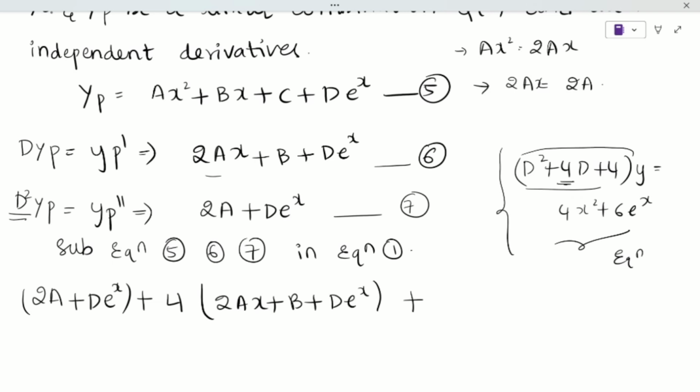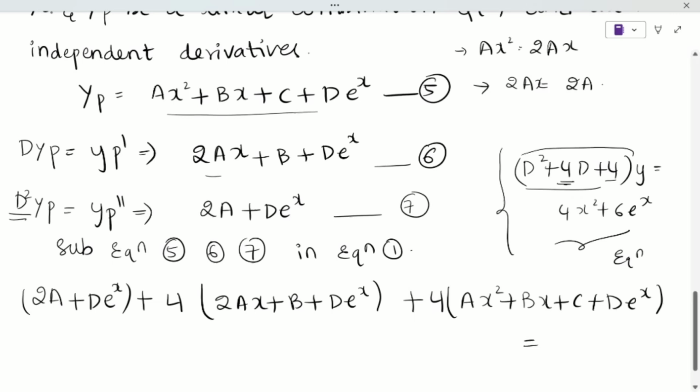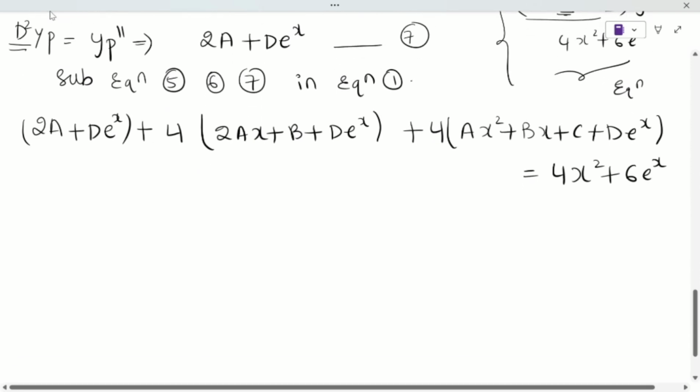And next, the last term, I am using the fifth equation: ax square plus bx plus c plus d e power x equal to 4x square plus 6e power x.